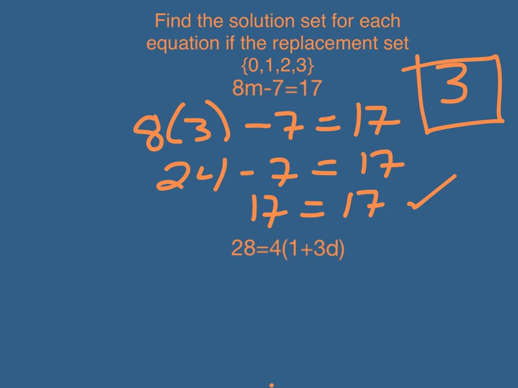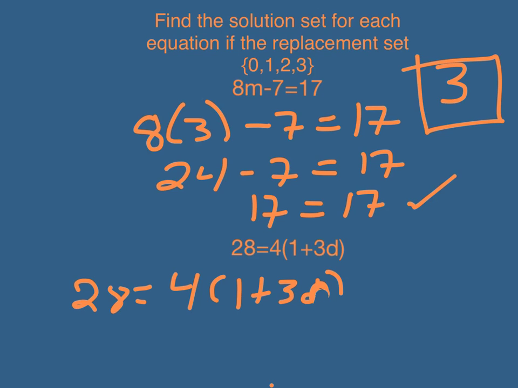In our second equation, we have to do the exact same thing that we did in our first. Use that replacement set and plug those values in to see which one makes that equation true. We have 28 equals 4 times 1 plus, and I'm going to plug in 0 first, d. Oh, I said I was going to plug in 0 and then I write a d. How silly.